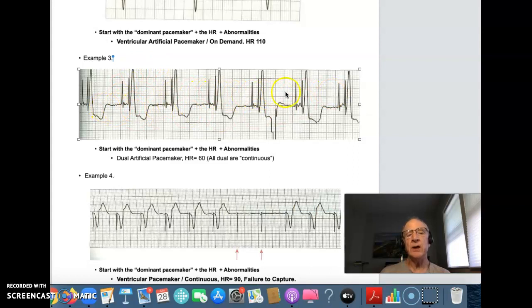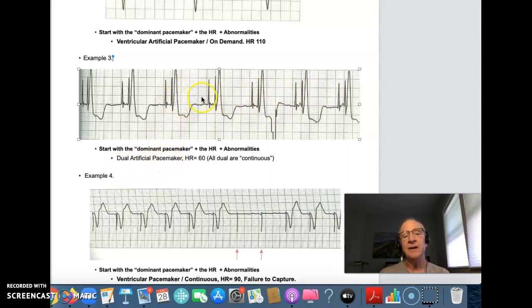The majority of artificial cardiac pacemakers that are dual, one wire in the atria, one wire in the ventricle, have to be synchronous. And that means, by almost definition, that all these will be continuous, so you don't have to put that in your answer. You can if you want, but it's not needed. So the answer to this particular pattern is dual artificial cardiac pacemaker.